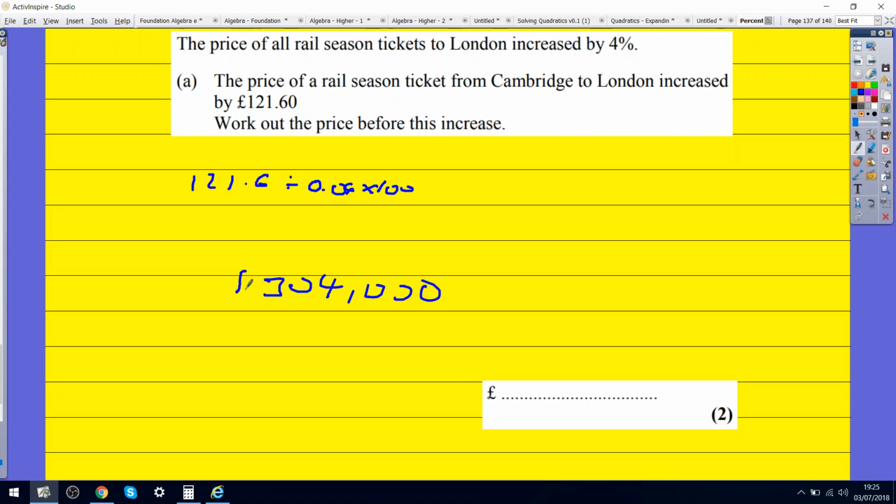Okay, let's try this one. So the price of all rail tickets increased.